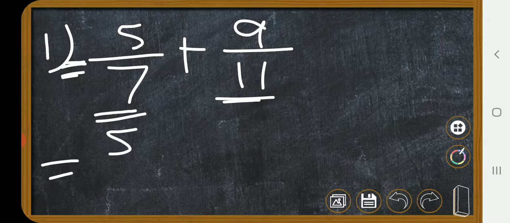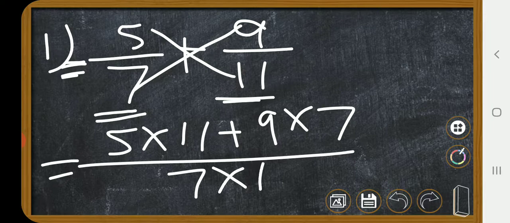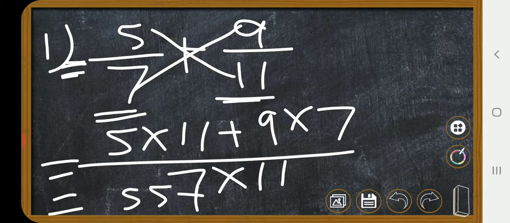So 5 multiplied by 11 plus 9 multiplied by 7, over 7 multiplied by 11. 5 multiplied by 11 is 55, and 9 multiplied by 7 is 63, divided by 11 multiplied by 7, 77.